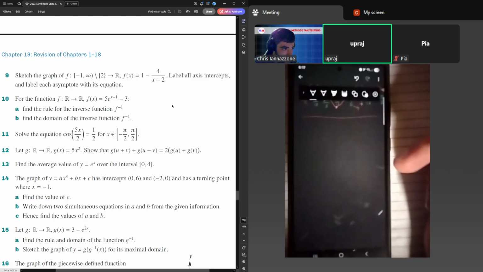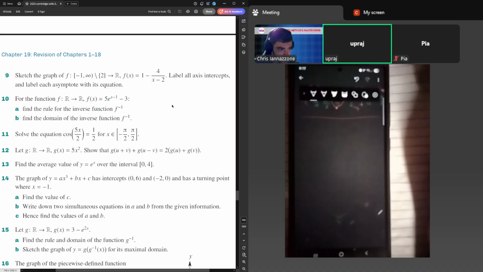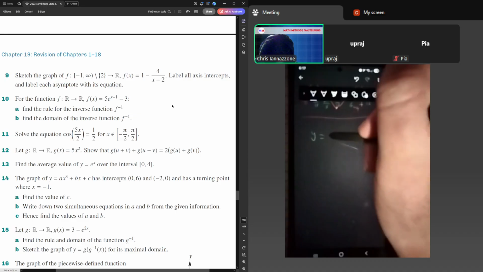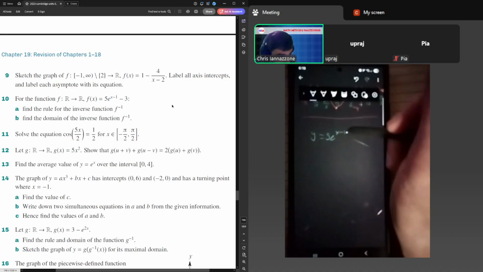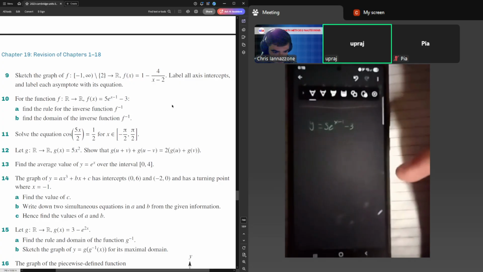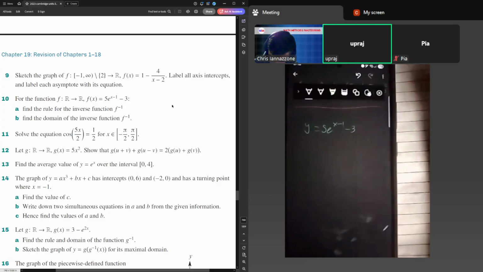So I think for our solving purposes, can we rewrite the function as y is equal to 5e to the power of x minus 1 minus 3? Yeah, certainly. Y equals 5e^(x-1) minus 3. Yeah, and now to find the inverse, right? So I think we gotta swap the x's with the y.